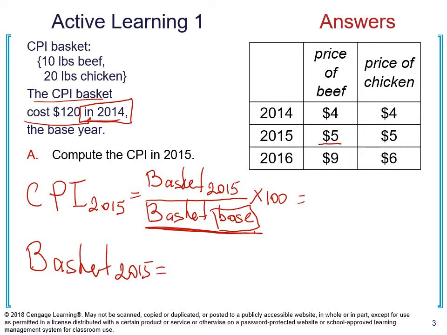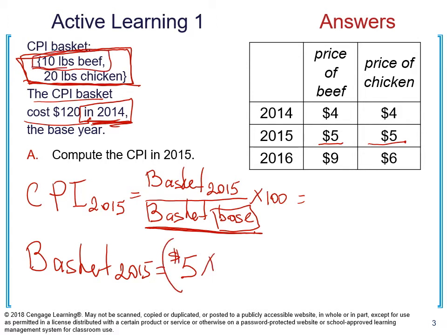So we're going to take our prices that are given to us in the table. Remember guys, the quantities of the basket are fixed. So BLS chooses a base year, they choose year 2014 as a base year, they fix the quantities, and this is what we're going to use in our calculations. So the price of beef in year 2015 was $5. The quantity of beef that a typical consumer purchased was 10 pounds.